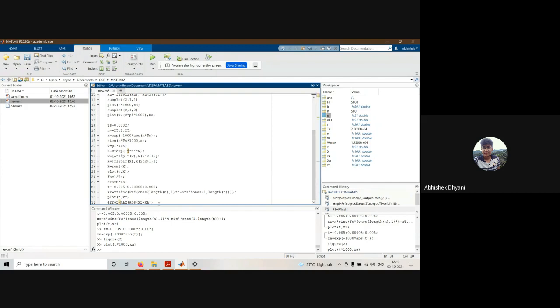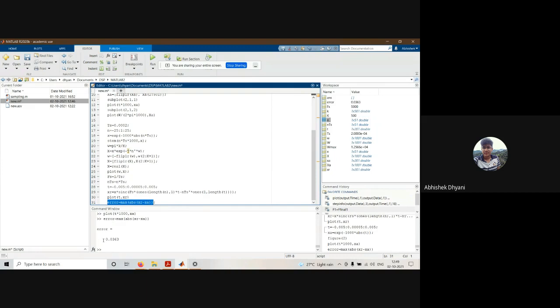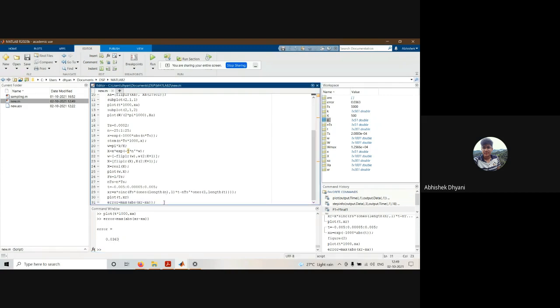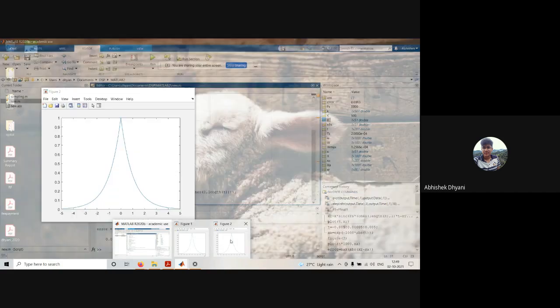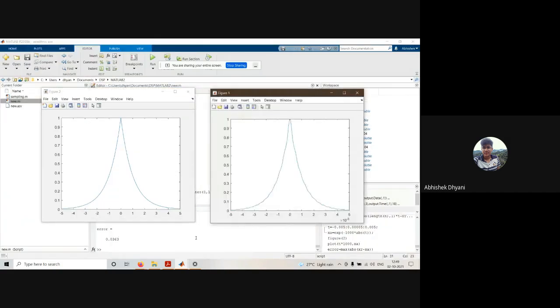So when I do this, it says 0.0363, which is approximately 3.63%. This is not that much, and that is because of the way we have sampled above the Nyquist rate.